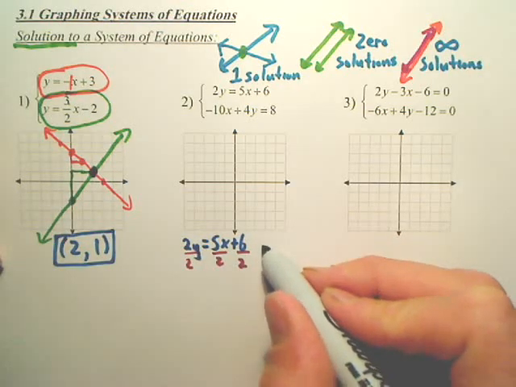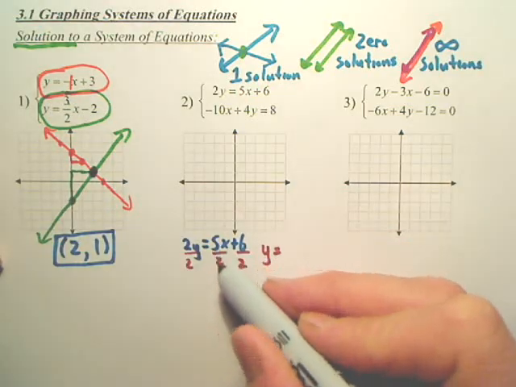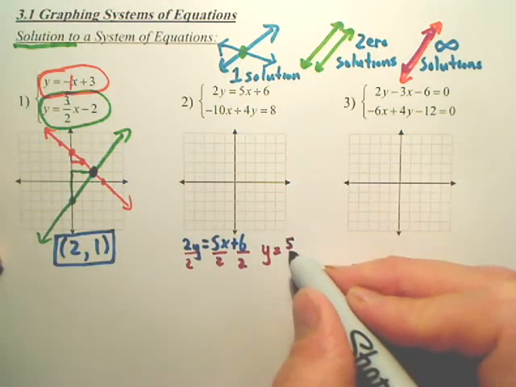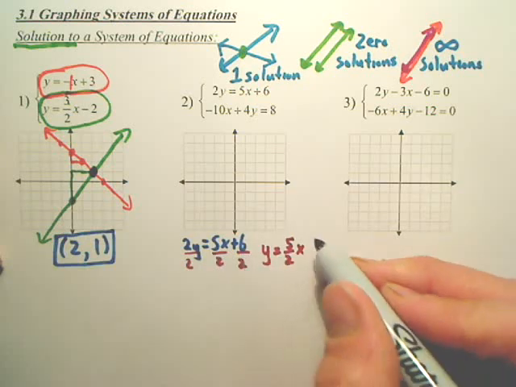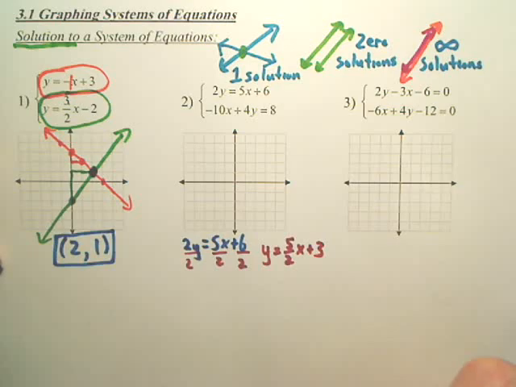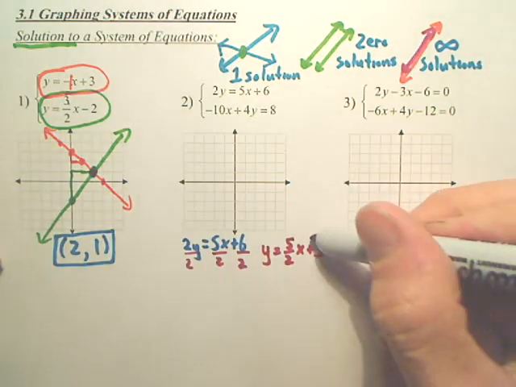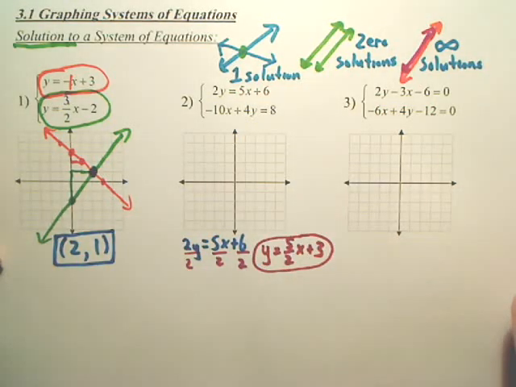And you get y equals 5 divided by 2 does not reduce, so it's just 5 over 2 x, and 6 divided by 2 is 3. This one, when you graph it, begins where? Begins at 3.